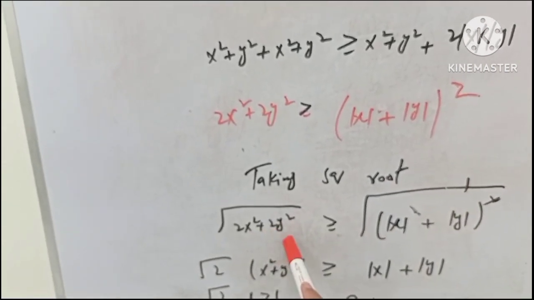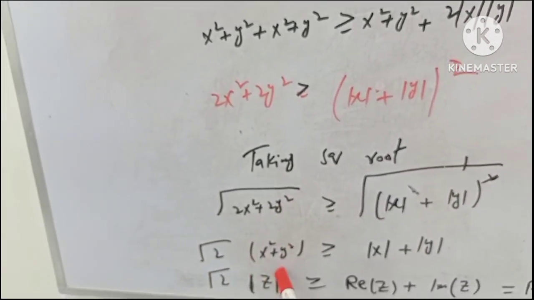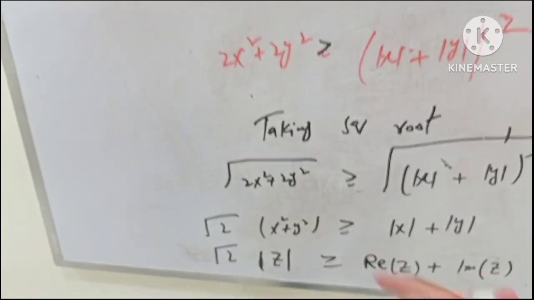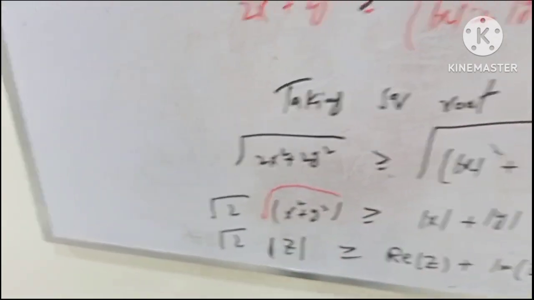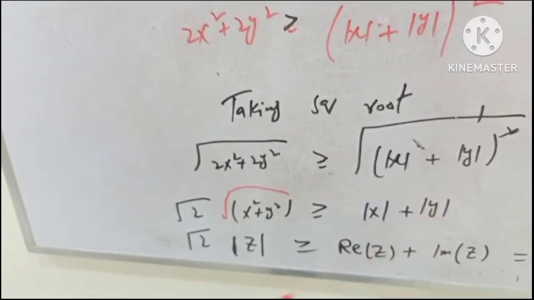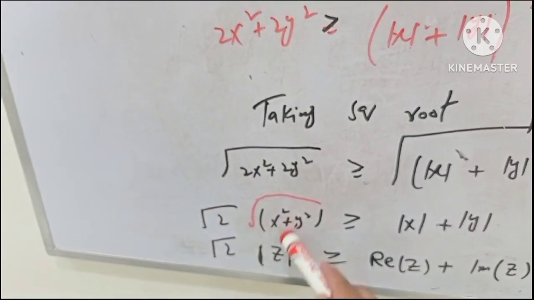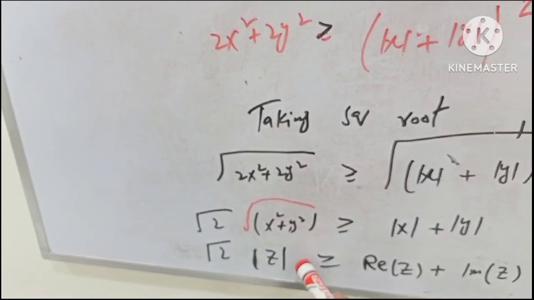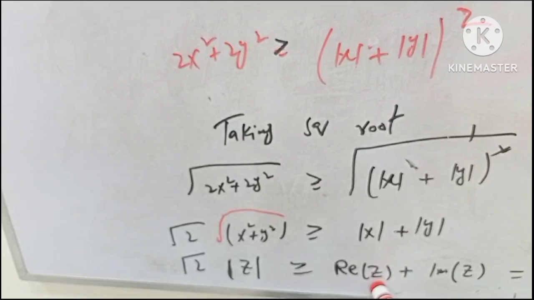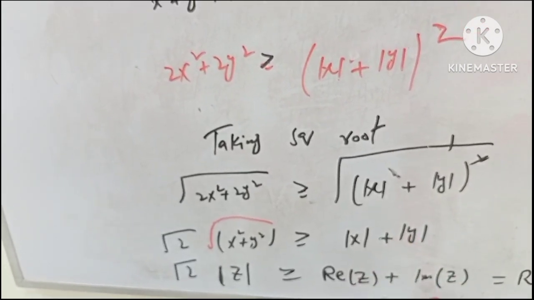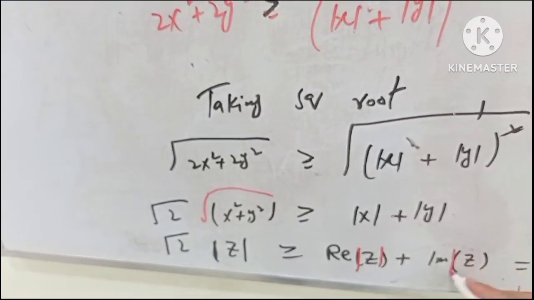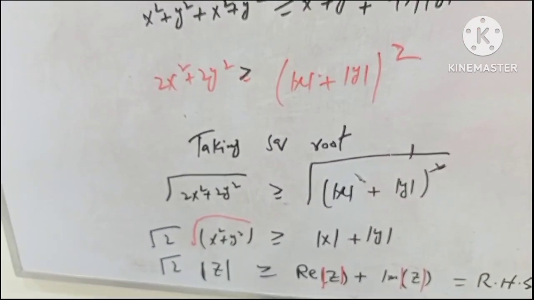Taking 2 common, it becomes √2 √(x² + y²) ≥ |x| + |y|. √2 remains as such, as √(x² + y²) is the value of |z|, so we write it here. |x| is the real part of z and |y| is the imaginary part of z. Here comes the magnitude, which is equal to the right hand side.